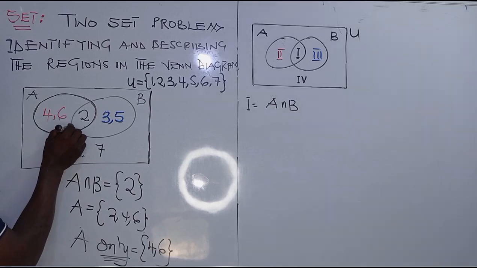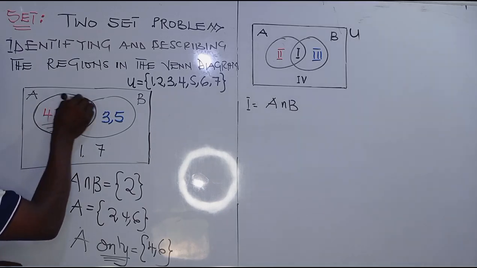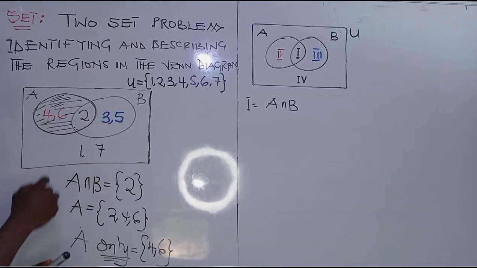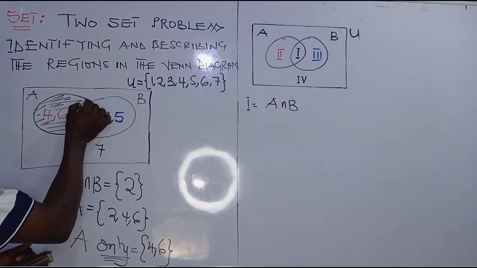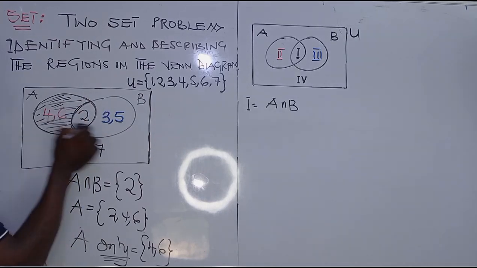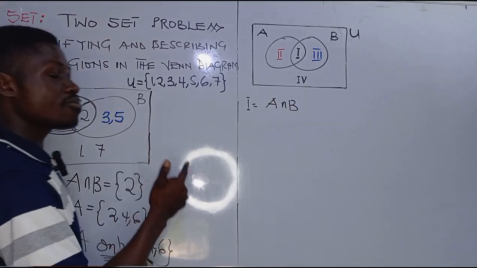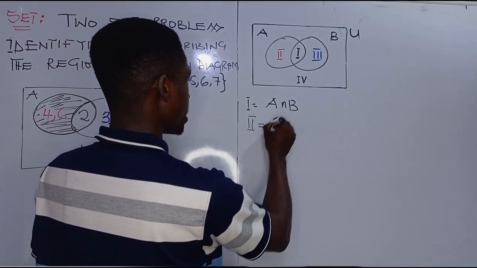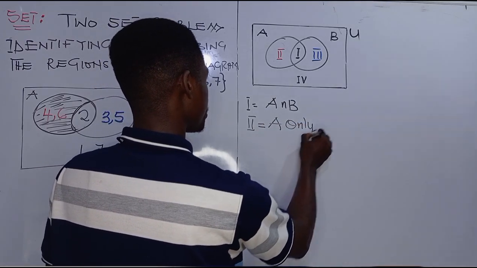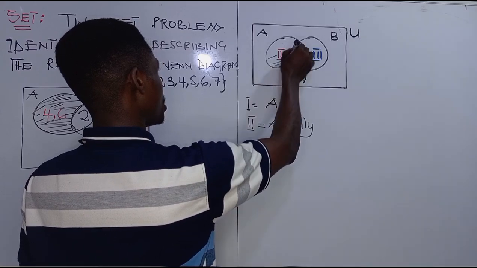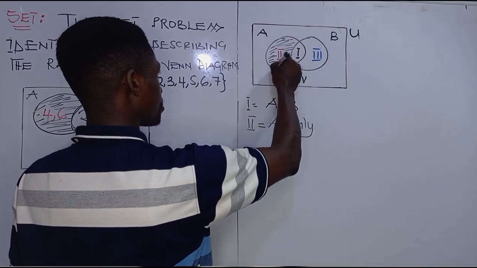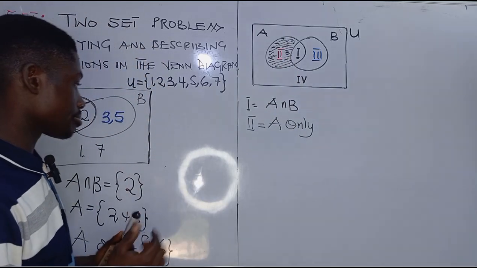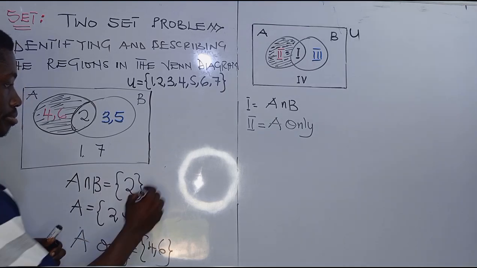So this region is for A only, meaning we don't want any element from B to be part of A. So that is that for this region. When you transfer it here, the region for A only is going to be region II. So A only is this particular region. Now let's look at this set notation.